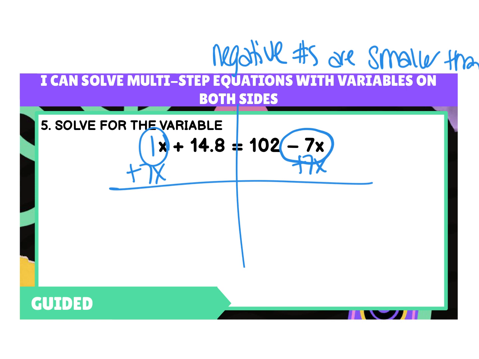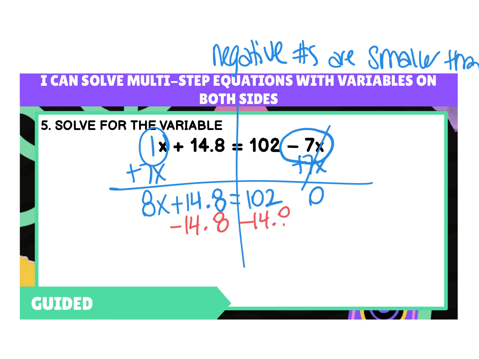So 1x plus 7x gives me 8x, plus 14.8 equals 102, and these cancel. They give us 0. Two-step equation, so minus 14.8 and minus 14.8. This side gives us 0.